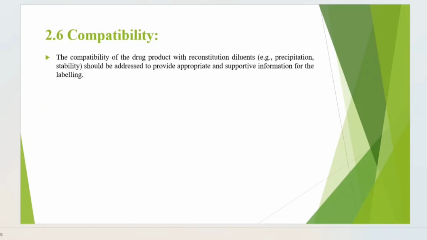Means whether the description of that material is changing, whether there are any increases in the impurities content or decrease in the assay value of the API. So that should be discussed under this compatibility section, and this compatibility section is not applicable for the solid dosage form products.